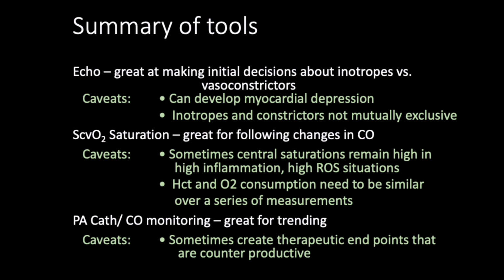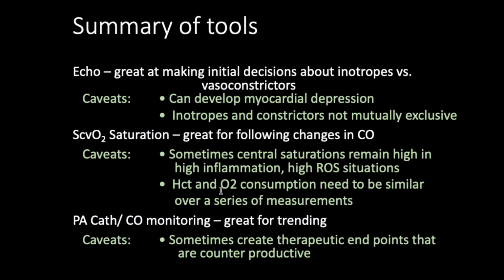The other thing is, in high inflammatory load situations where there's a lot of mediators of inflammation and reactive oxygen species that impair mitochondrial function, sometimes your tissues are just acting like shunts. They're not taking up oxygen, even though they very much could use some, but you just get a lot of unused oxygen from hemoglobin, and your saturations often don't reflect the severity of disease or changes in tissue function as related to things that you're doing, as far as changing cardiac output and changing vascular tone.